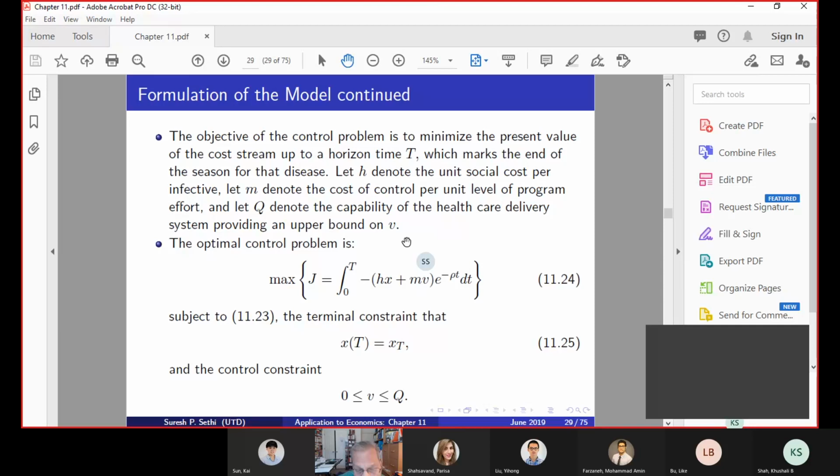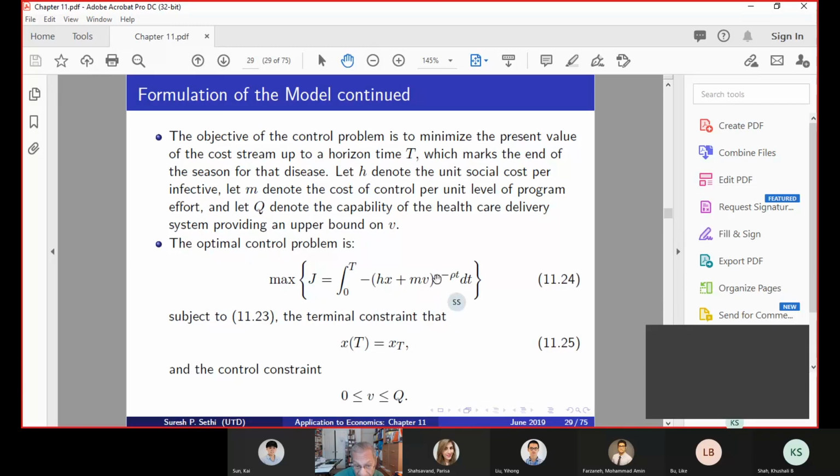And also late homeworks, not for the social cost of infection, but the people are literally infected by the vaccination for at least a few days. So there is a cost. And there's a cure, and I have to pay money for the cure. So this is M times V.